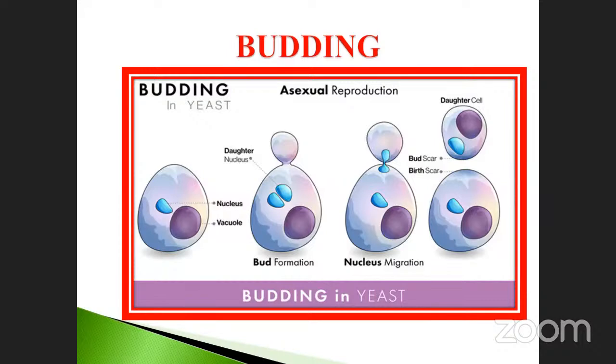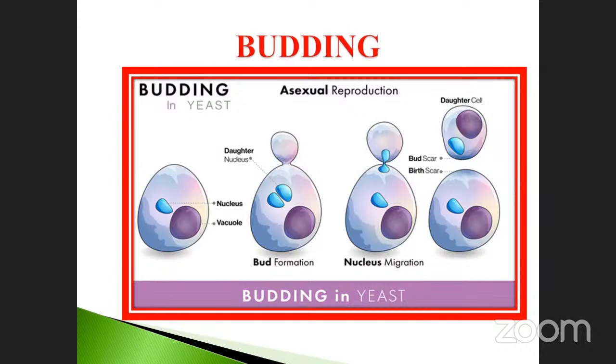Here the vacuole is present, and the nucleus is also inside. In the next diagram, a small miniature bud is also created. At the same time, nuclear division takes place inside.